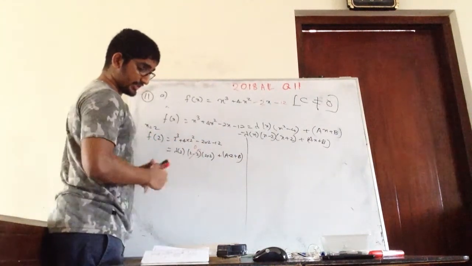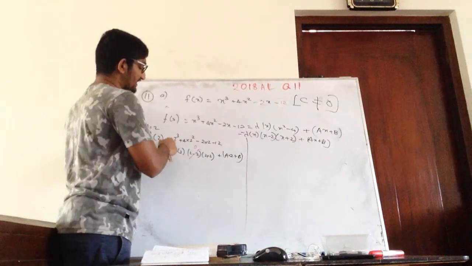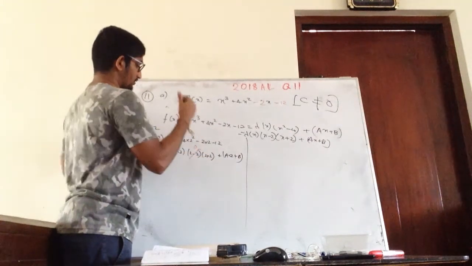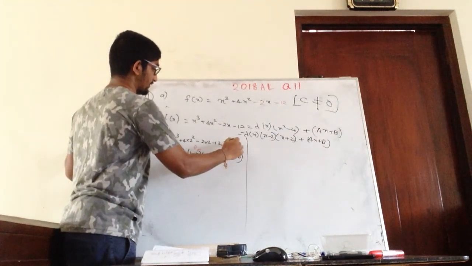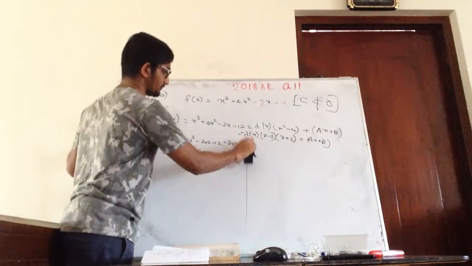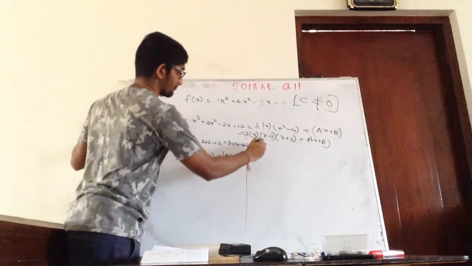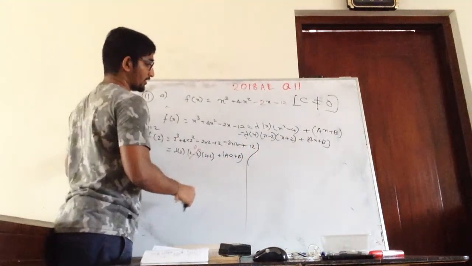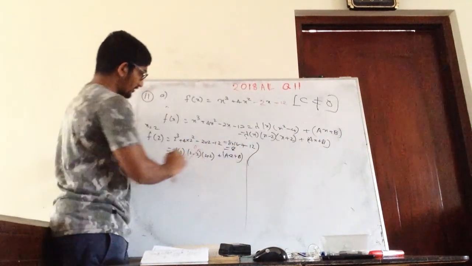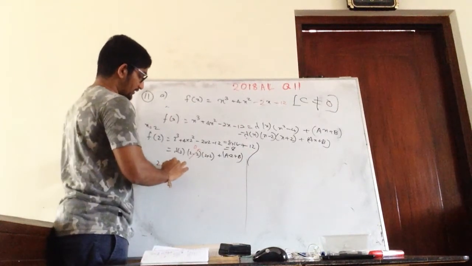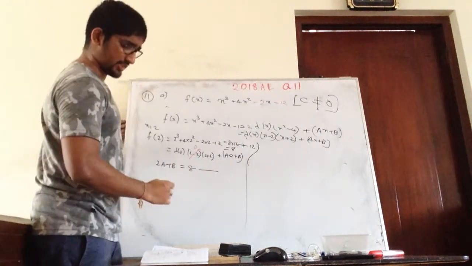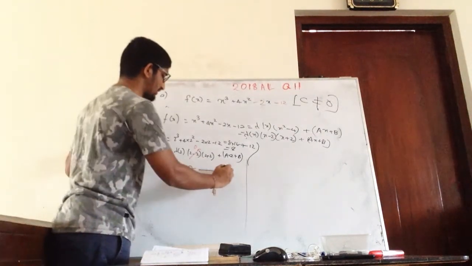So 2 to the power 3 is 8, 4 into 4 is 16. So 8 plus 16 minus 4 minus 12, this is basically 8. So now 2a plus b is 8. I have used 1 and 2 before, so I'll use this as 3.